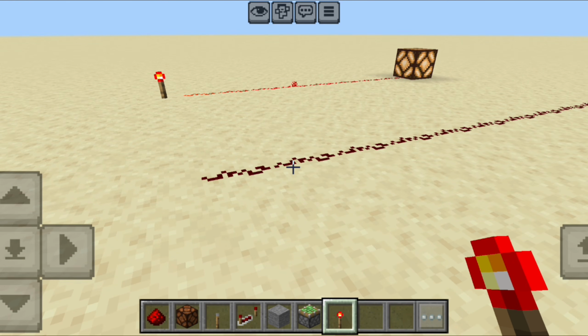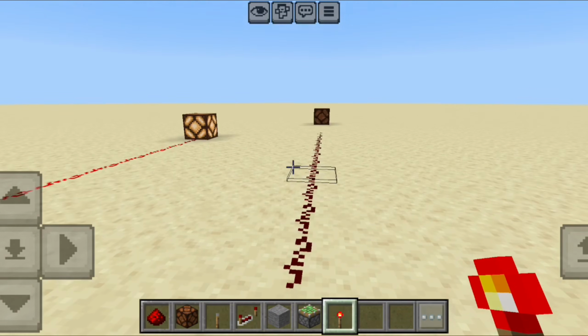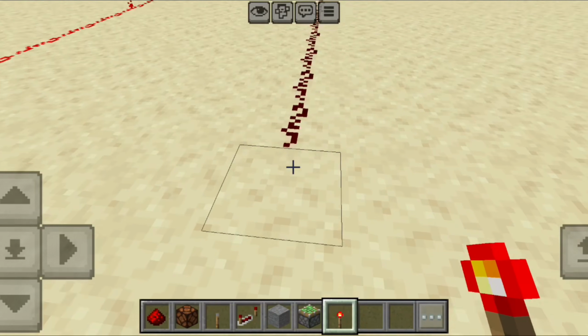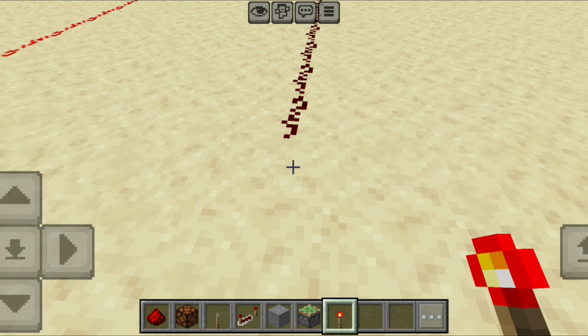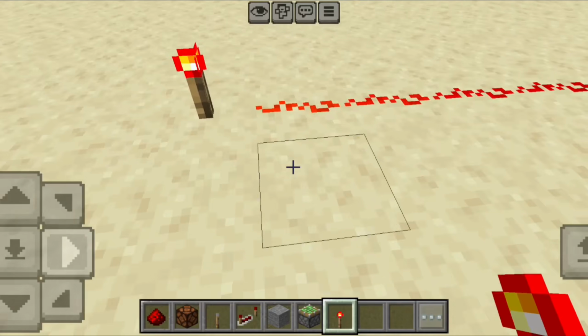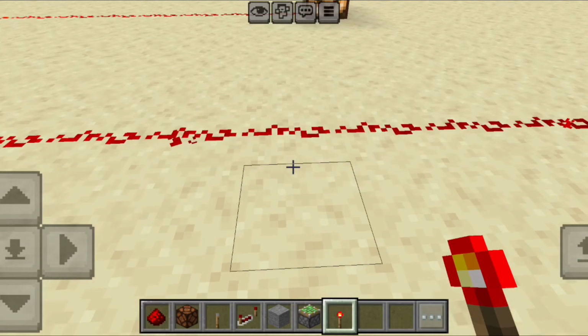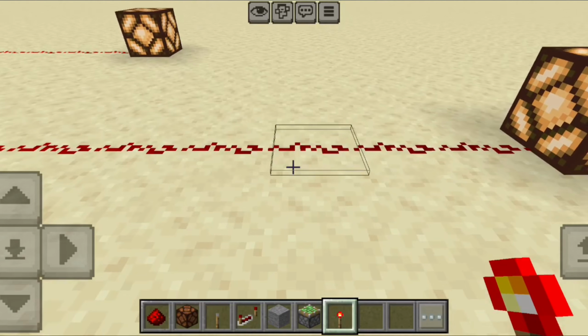Now this is where it gets real. Look at this long line of redstone dust. Watch what happens to the signal as it travels. Did you see? The signal is dying at midline.